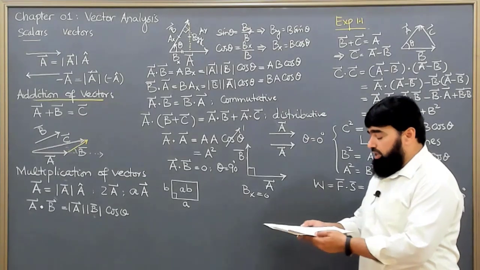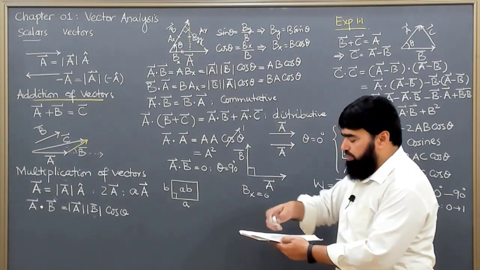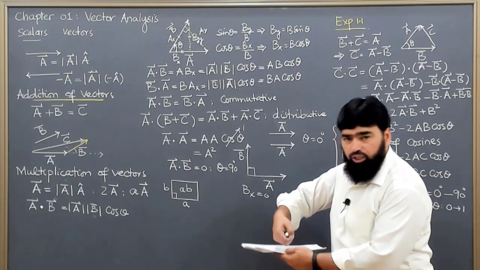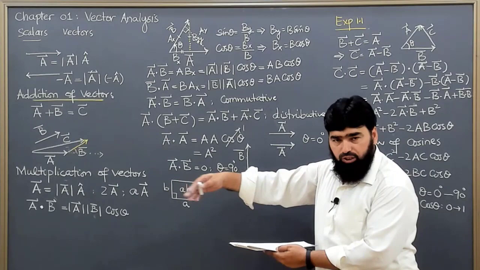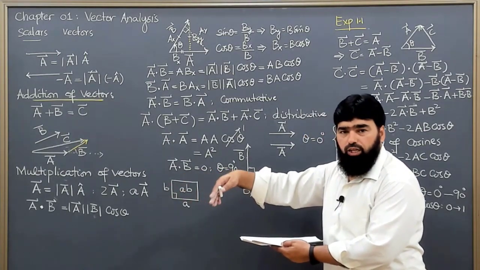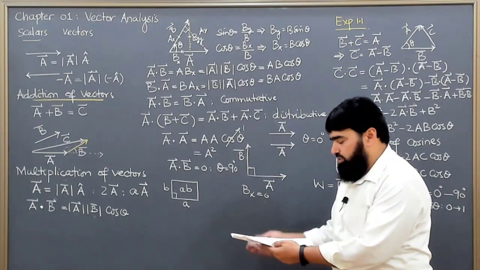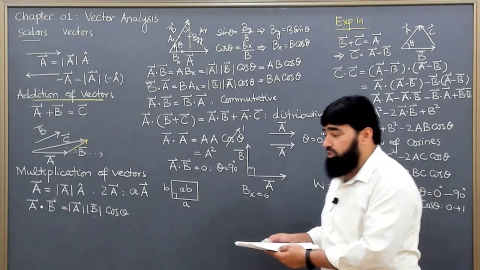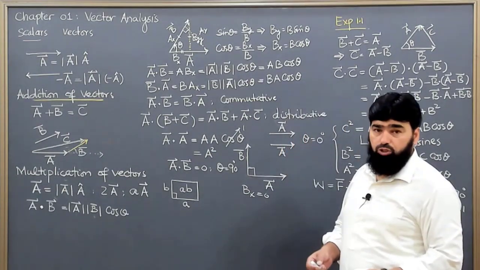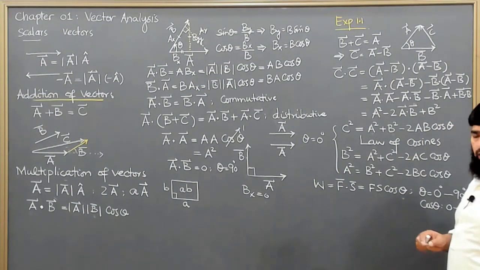And if, for example, this is a body and I'm applying a force in this direction, but the body can only be moved in that direction, let's say it's on the surface of the ground, then we are applying force but it is not being moved, means the work done is equal to 0 in that case.